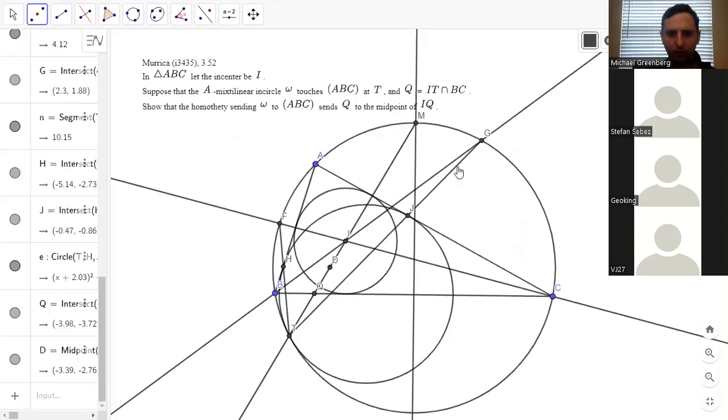So it sends J to G, it sends H to F. We want to show the circle HQ. Well, let's see. I'm going to hide some extra stuff.